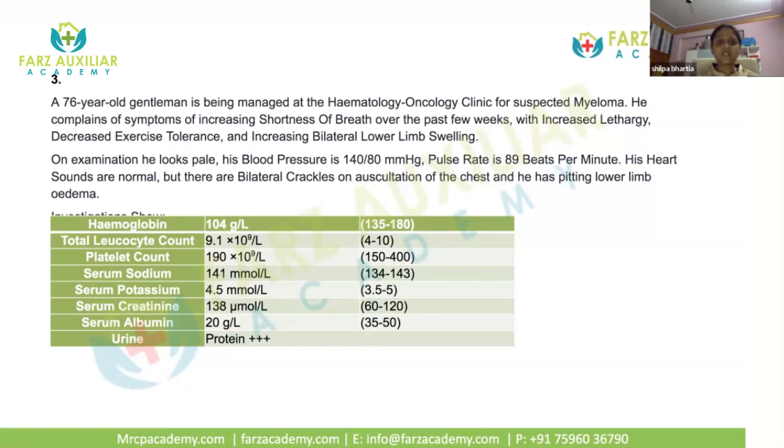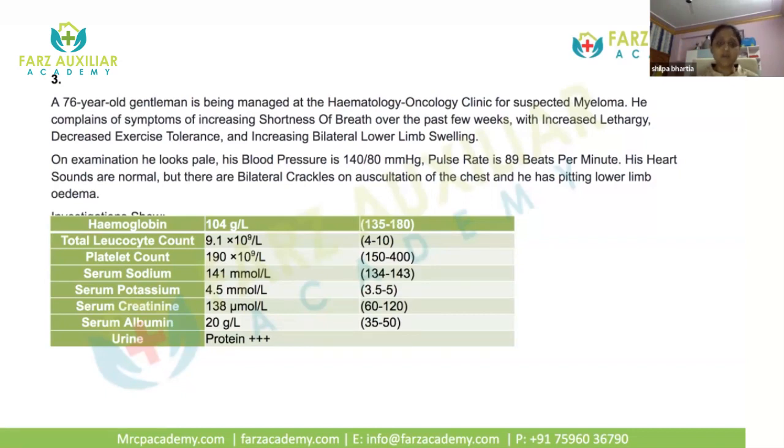Okay, so the next question is 76-year-old man managed at Hematology Oncology Clinic for suspected myeloma. He complains of increasing shortness of breath for few weeks with lethargy, decreased exercise tolerance, and bilateral lower limb swelling. He looks pale, blood pressure is normal, pulse rate is normal, heart sounds are normal, but he has got some crepitations on auscultation of the chest, and he has got pitting edema.